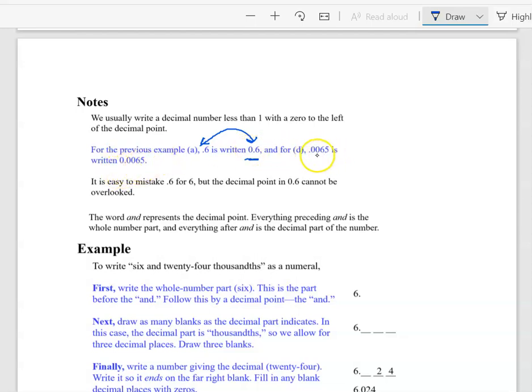But both of these numbers are exactly the same. They do that because it's easy to mistake .6 for 6, but this makes it a little bit more clear when you stick that 0 in front to not overlook that decimal place. The word "and" represents the decimal point. Everything preceding "and" is the whole number part, and everything after "and" is the decimal part of the number.